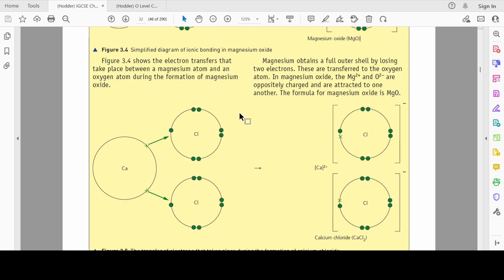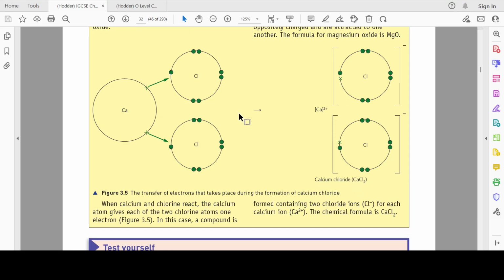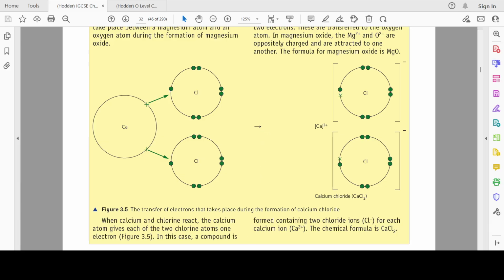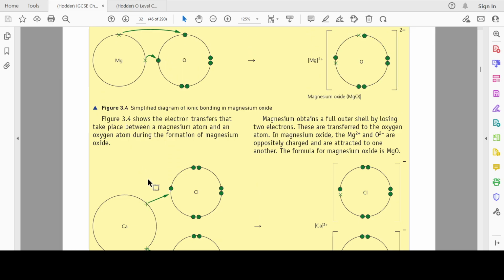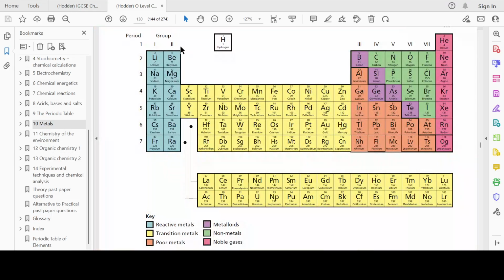And then you have calcium chloride. In this case, calcium is also in group 2, that's 2 outermost electrons. You can notice that the atomic size they've drawn for magnesium is smaller than calcium. That obviously has to do with the periodic table.